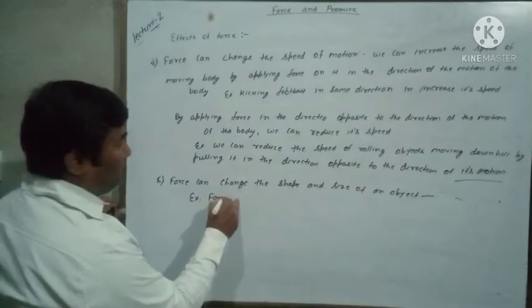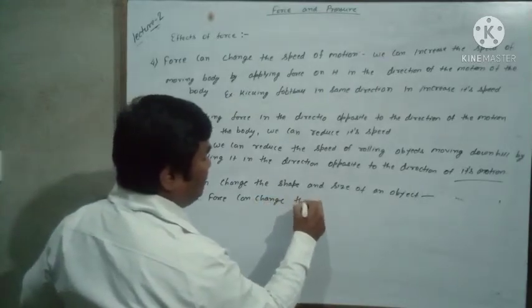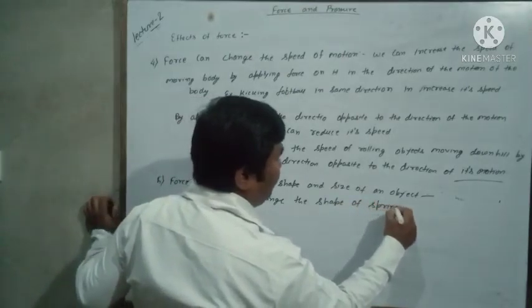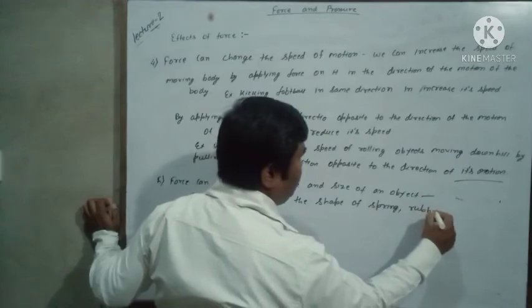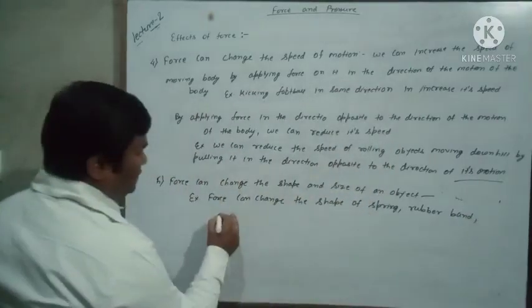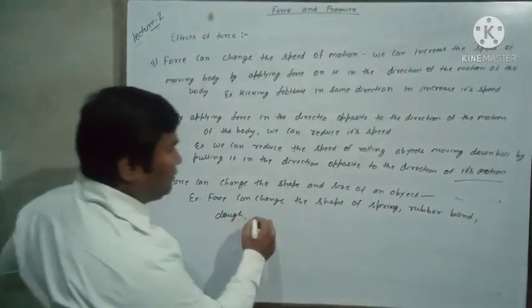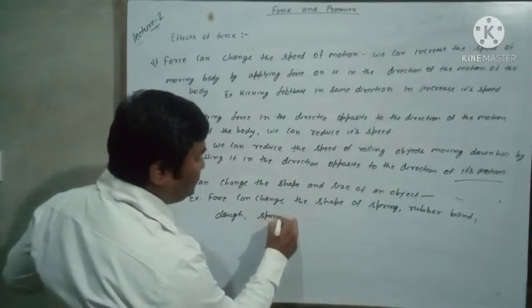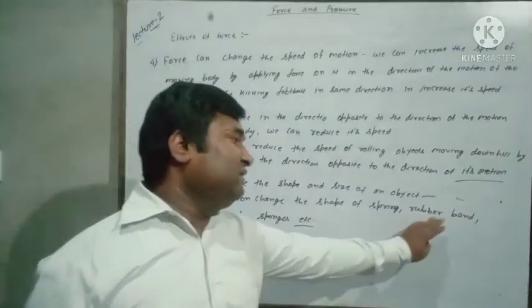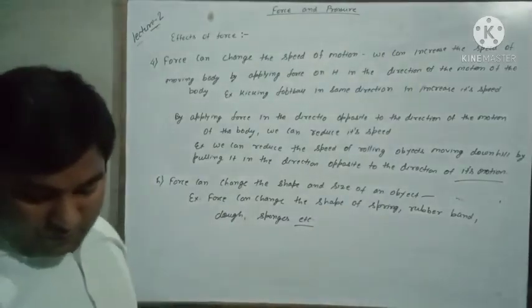Example, force can change the shape of a spring, rubber band, dough, डो मीन्स होता है गूंदा हुआ आटा, sponges, etc. So by applying force on a spring, rubber band, dough or sponges, we can change its shape.